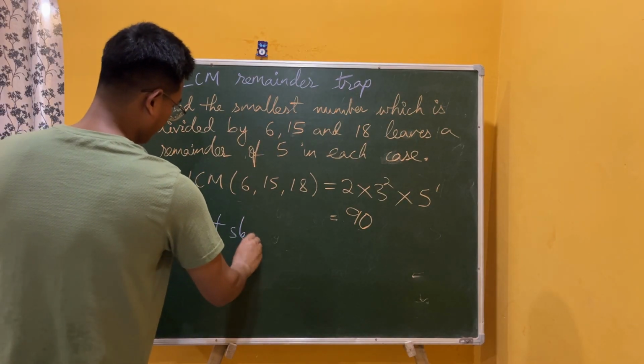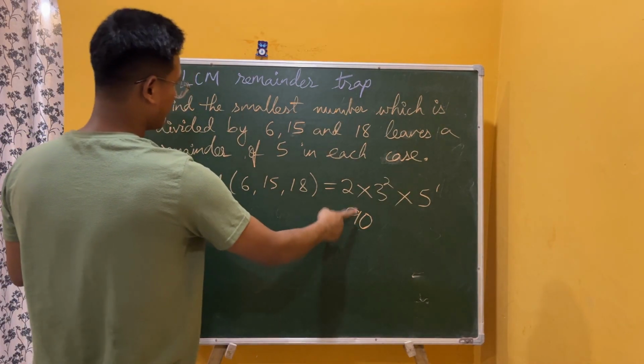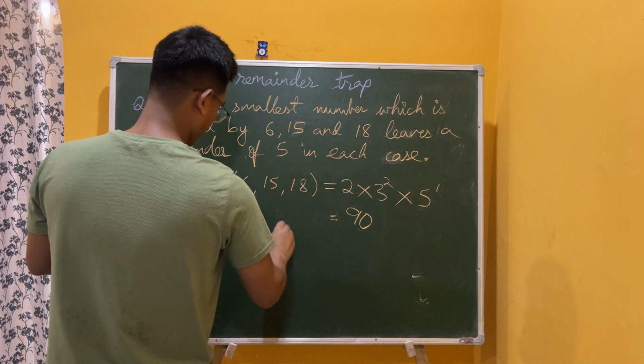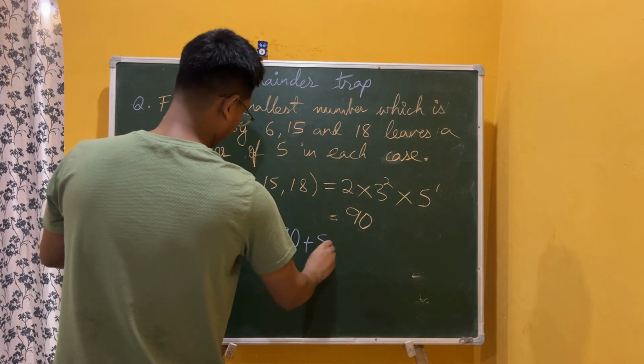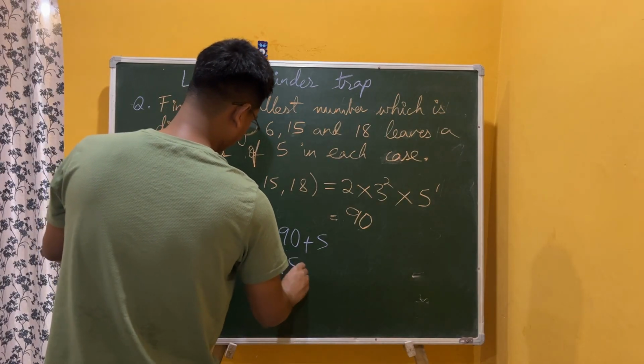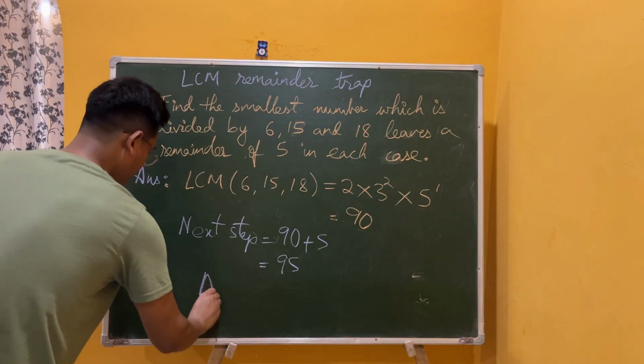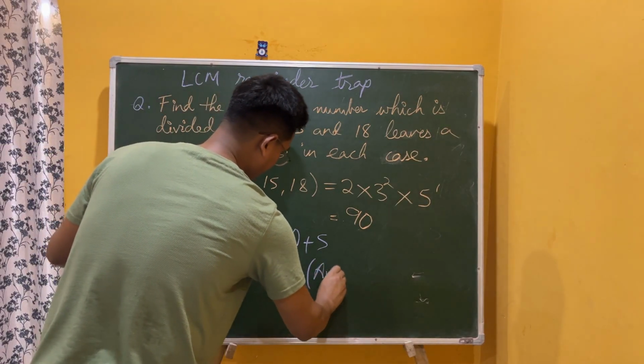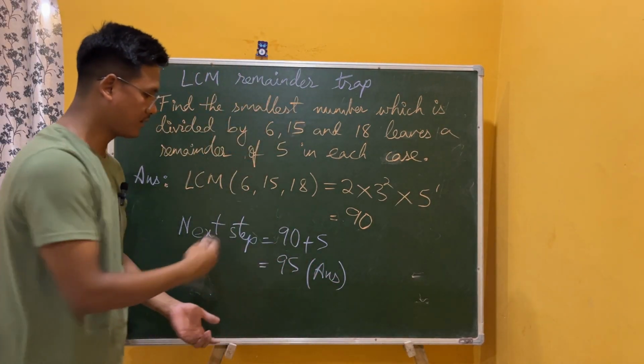Next step is you add this remainder 5. 90 plus 5, 95. So the answer is this, 95 is your answer. This is how you should solve this question.